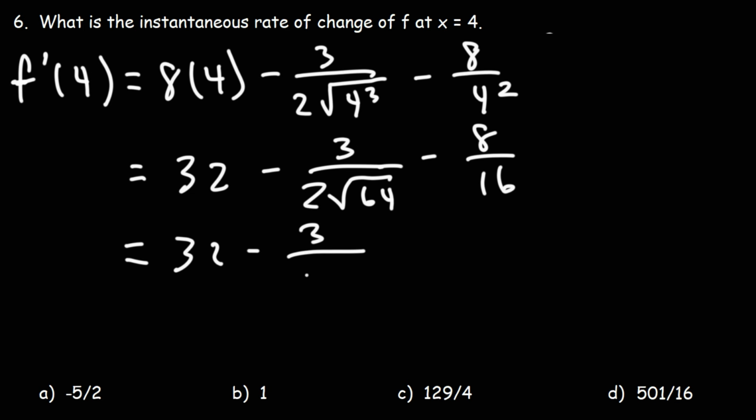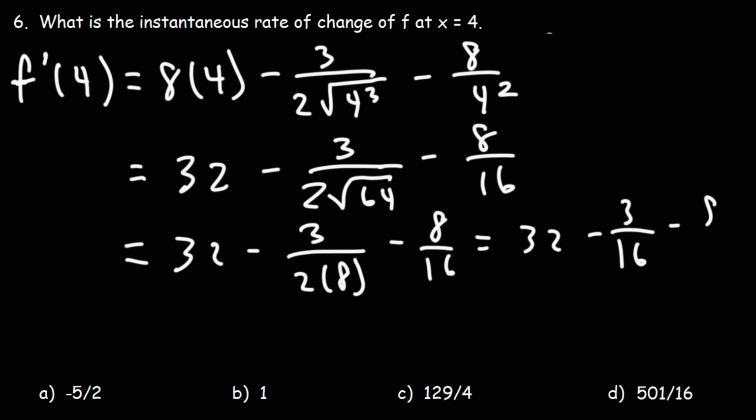The square root of 64 is 8. And 2 times 8 is 16. Negative 3 minus 8 is negative 11. So now we need to get common denominators.